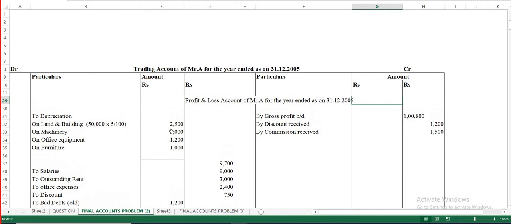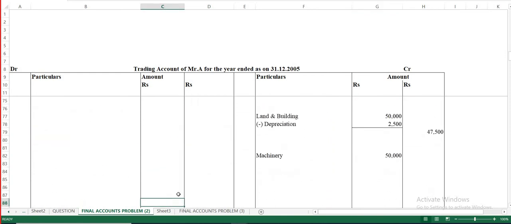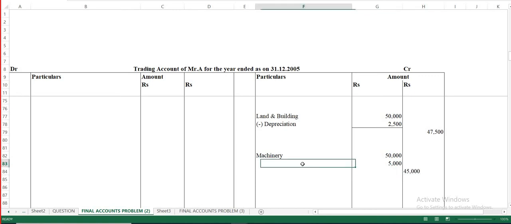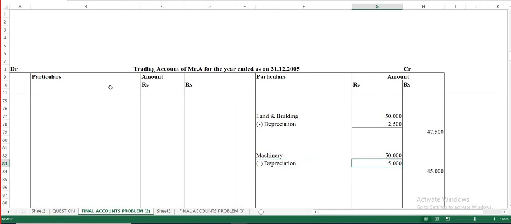On machinery we have given 5,000 as depreciation. So that 5,000 has to be deducted. Okay, so the total amount is 45,000, minus depreciation, 45,000.